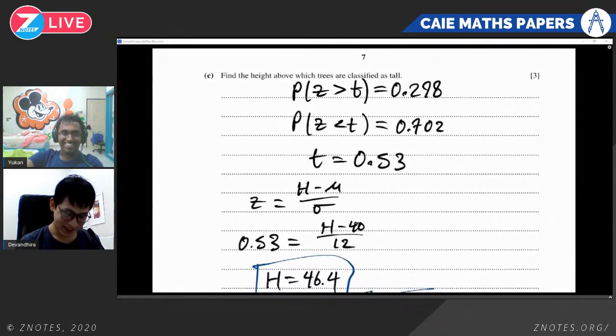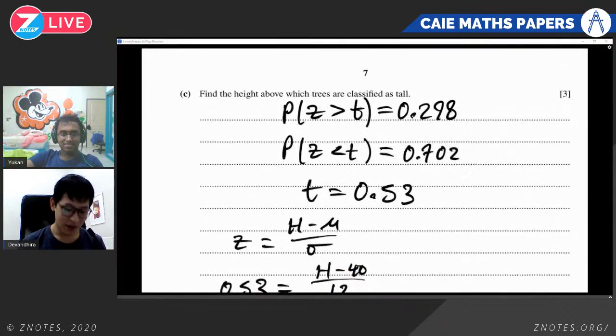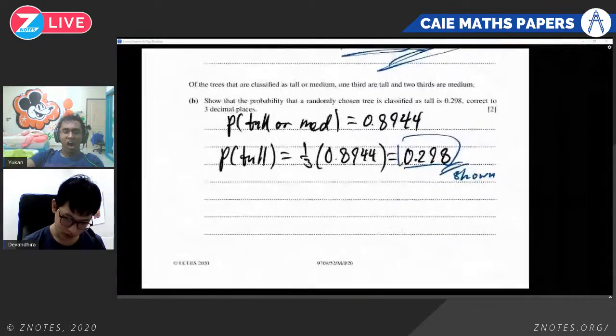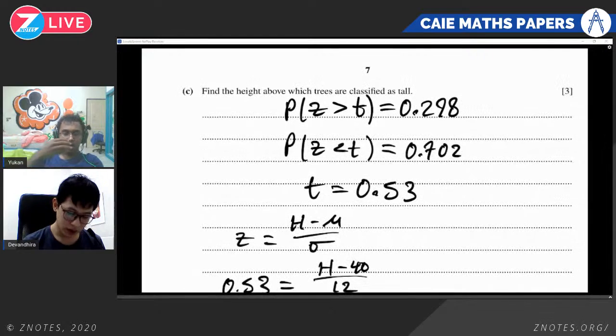Right. So now we have to find the height above which three trees are classified as tall. We can put that as an equation first, and now we're looking at t here. Basically, we need to find the value of t such that the probability of z greater than that value is equal to 0.298.